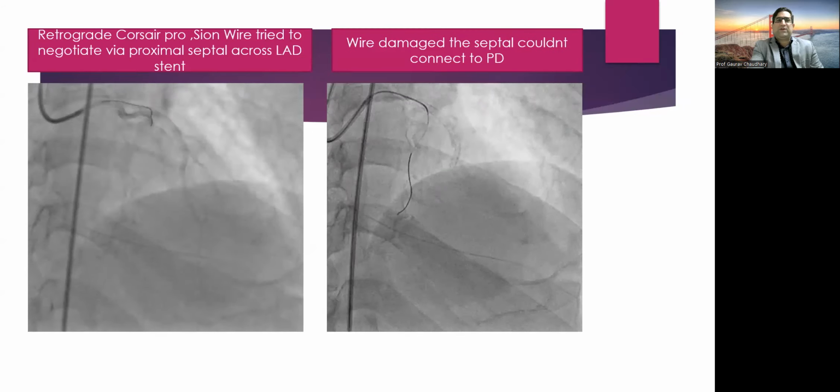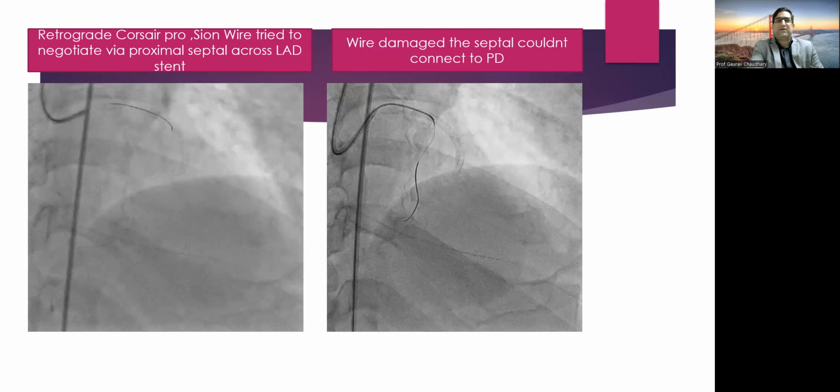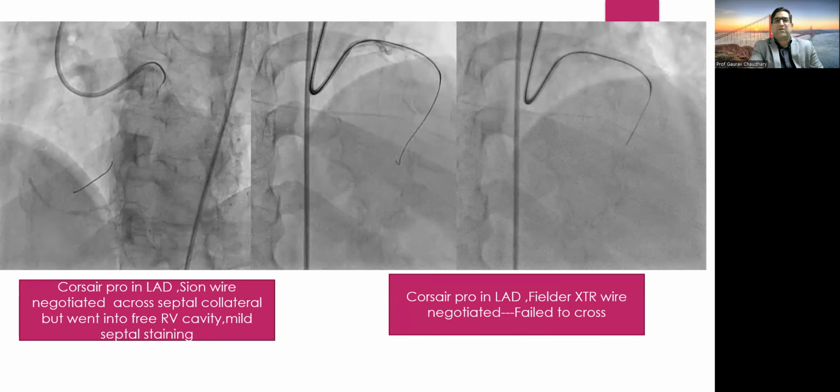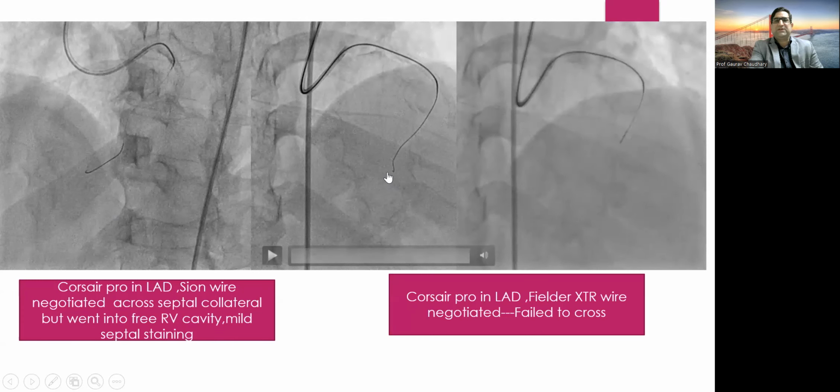So now we planned the retrograde approach. The retrograde guide was taken, and across the stent we took a Corsair Pro XS catheter and tried a Sion wire. But the problem was that it took the wrong septal and went into free space.